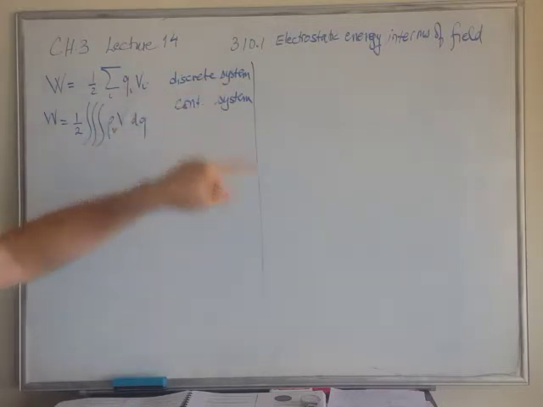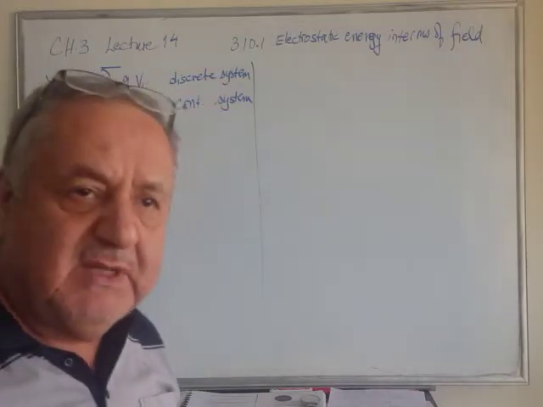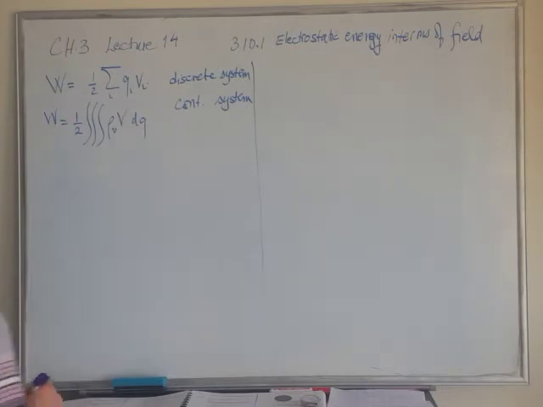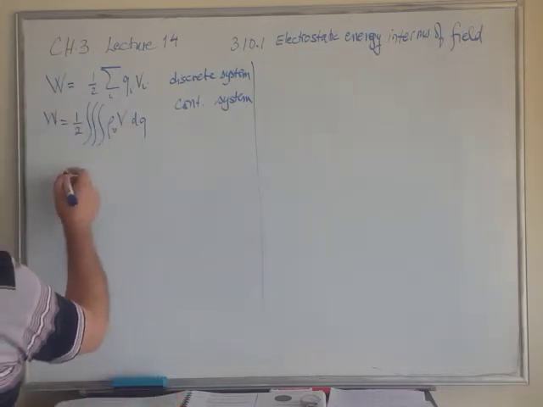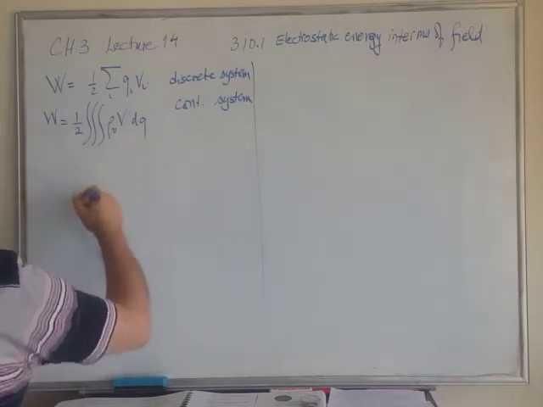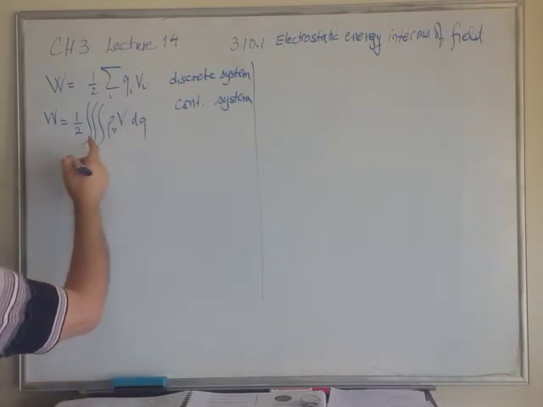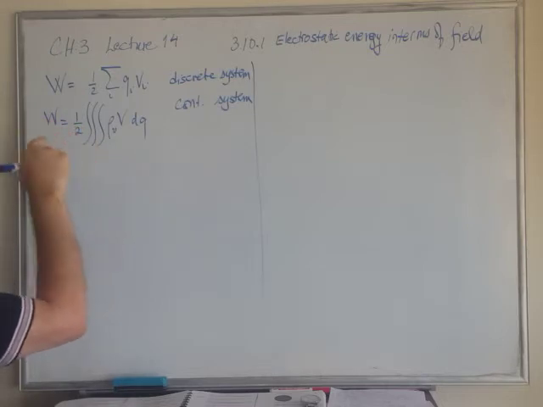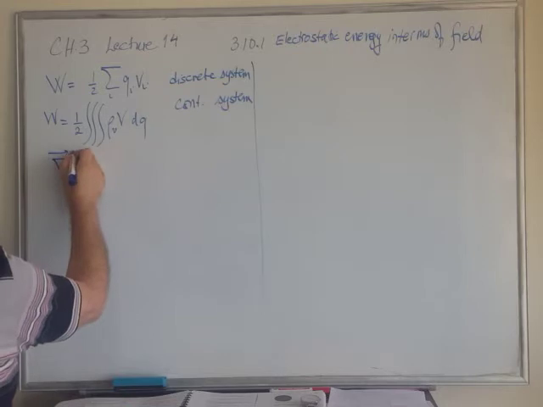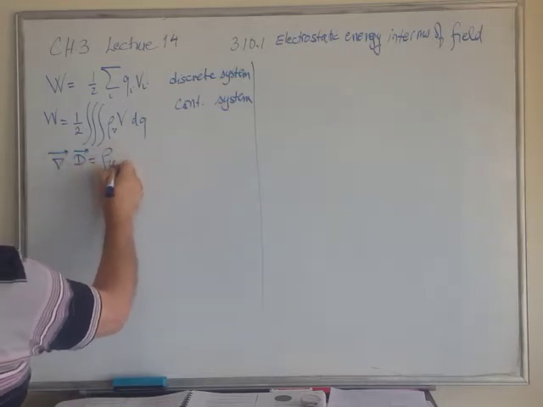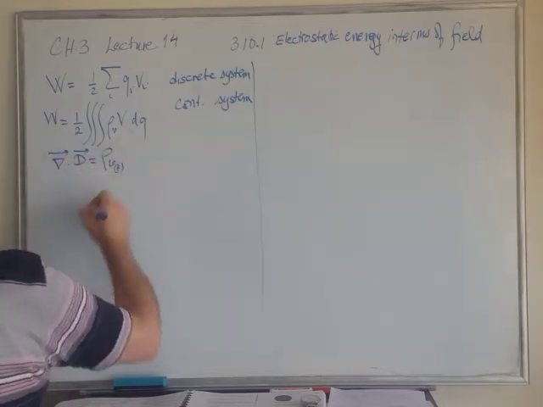Now we want to find the same electrostatic energy but in terms of electric fields. How can we do that? Let's start from this expression, but we know that the local form of Gauss's law in dielectrics says that divergence of D equals rho v, and we mean by this rho v free.